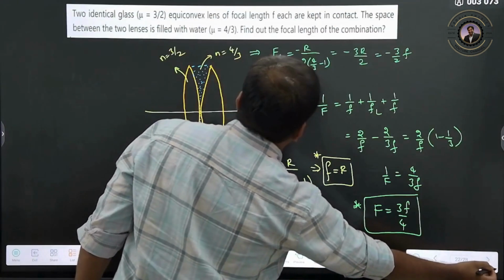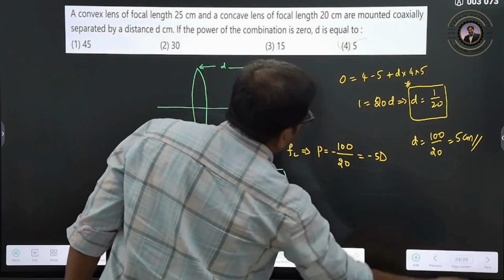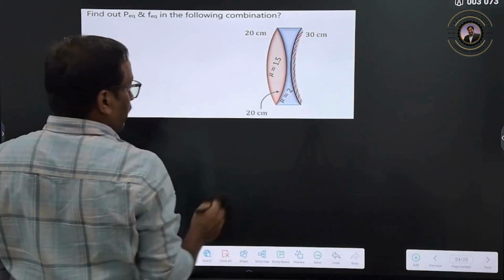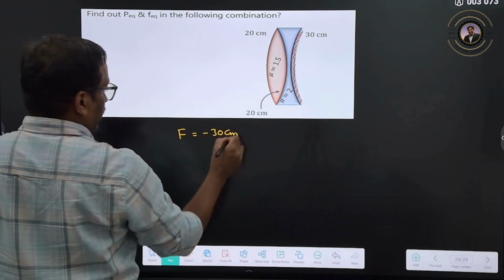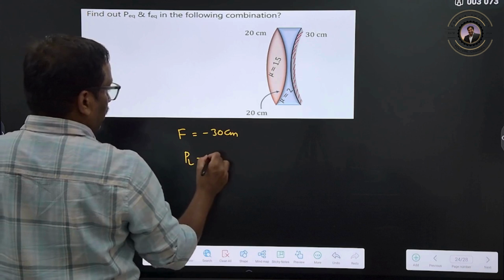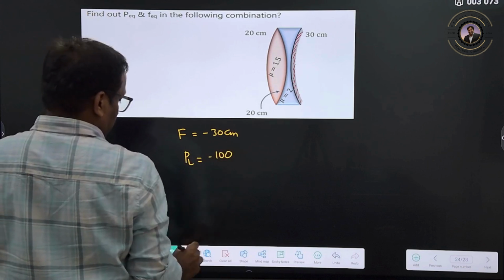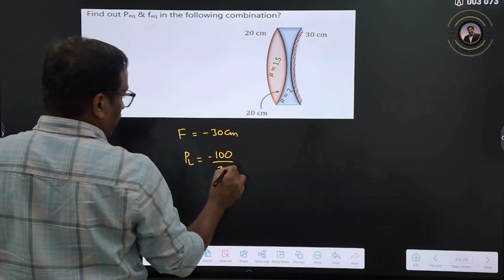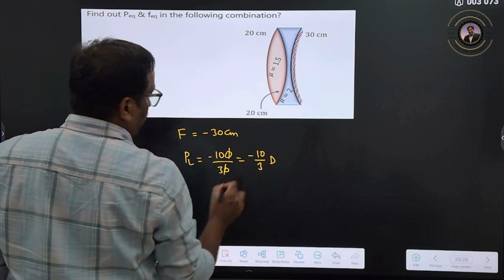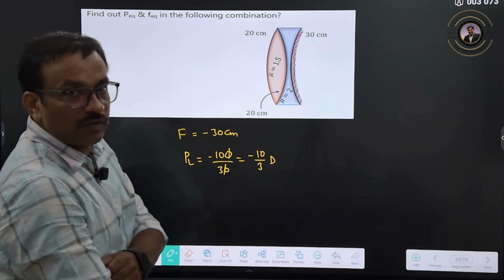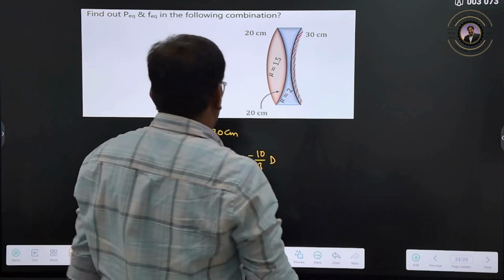So let us see here, we will use that concept. Here the focal length of this combined lens I got as minus 30 centimeter. Power of the lens I got as minus 100 by 30. So therefore here I will get minus 10 by 3 diopter. Focal length of this combined lens I got now.